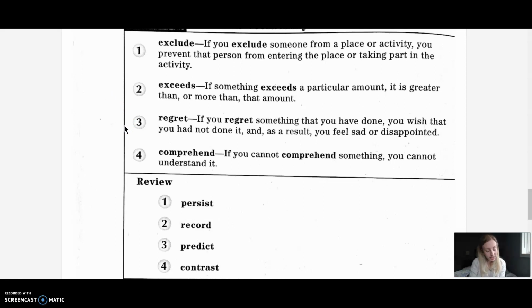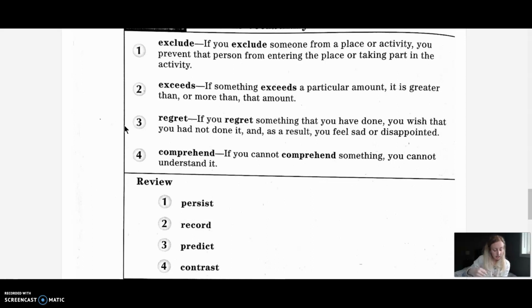If you regret something that you have done, you wish you had not done it. And as a result, you feel bad, like sad or disappointed, okay? If your friend who is really sick asks you to help, but you don't give any help, you will probably feel sorry about it. You will feel regret, right? Awesome.